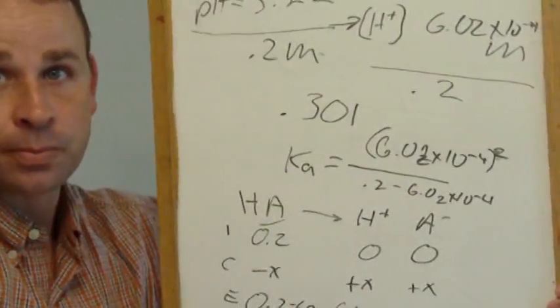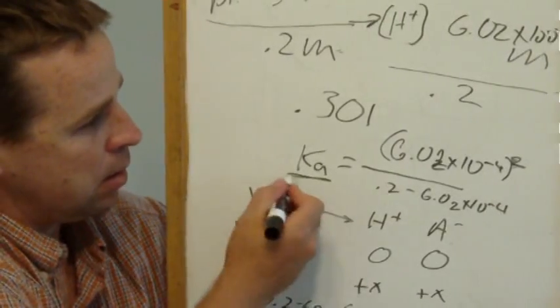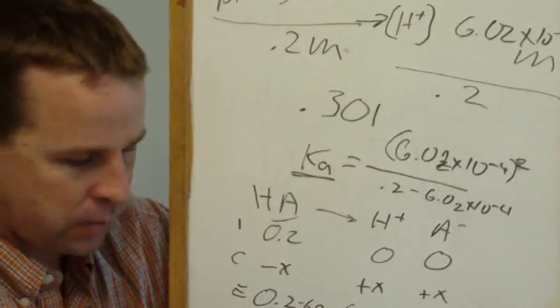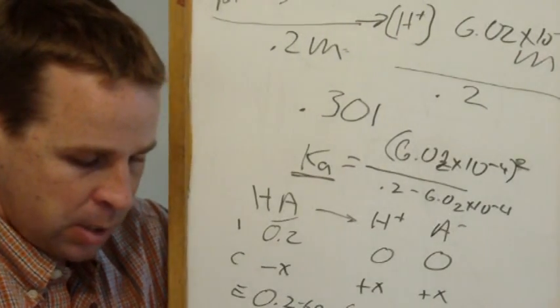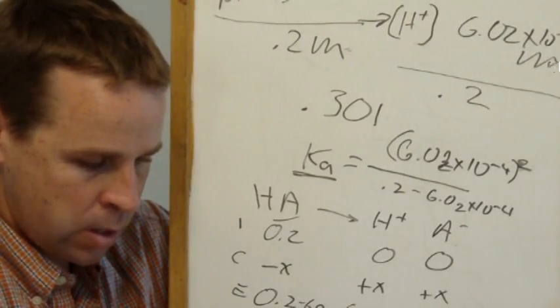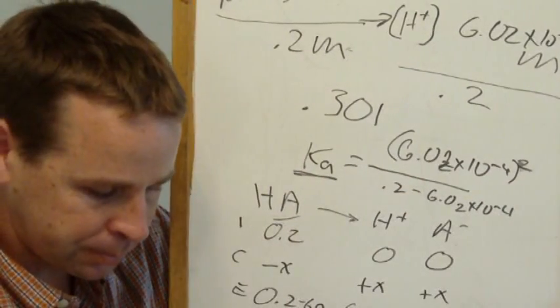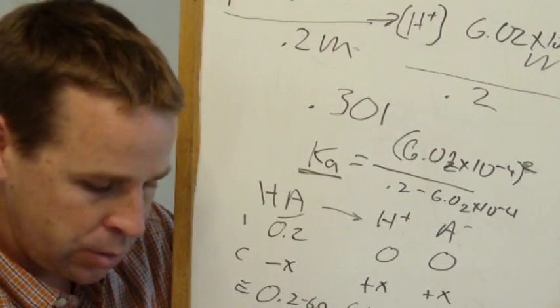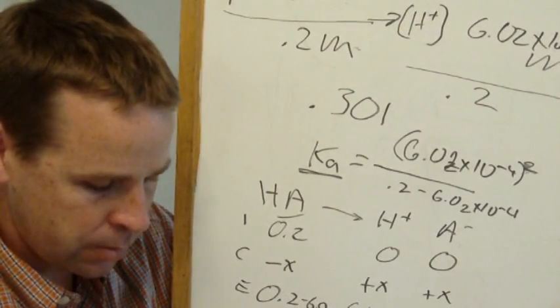So we can identify the Ka from the information given. So we have 6.02 times 10 to the minus 4 squared divided by 0.2 minus 6.02 times 10 to the minus 4.